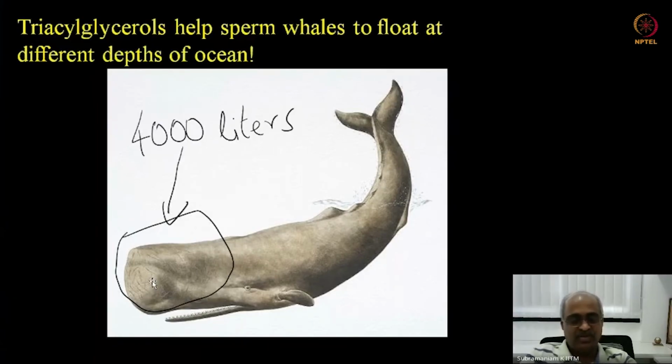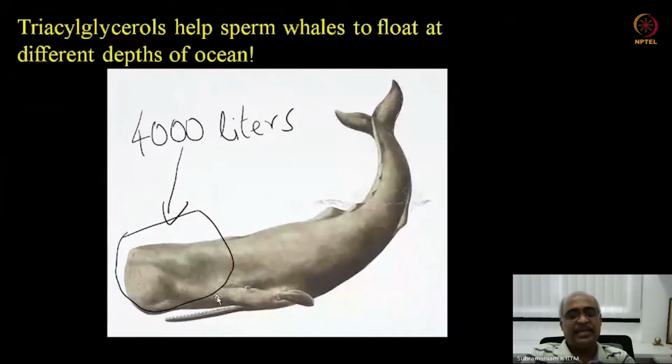At the air-water interface it is warmer, and due to that this fat will be liquid. So its density will be lower and it can neatly float on the surface.